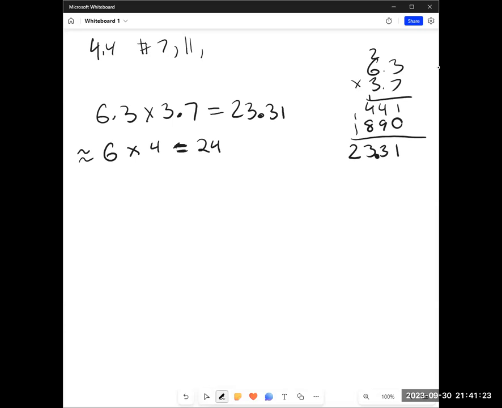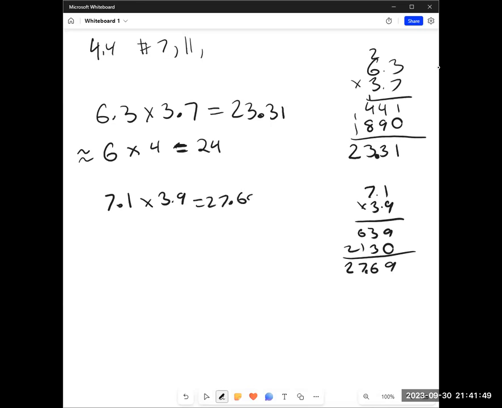For our second problem like number 7, we have 7.1 times 3.9. 7.1 times 3.9: 9, 6, 3, 0, 3, 2, 1, 2, 7, 6, 9. 2 decimal places, so it's exactly 27.69, or 27 and 69 hundredths.